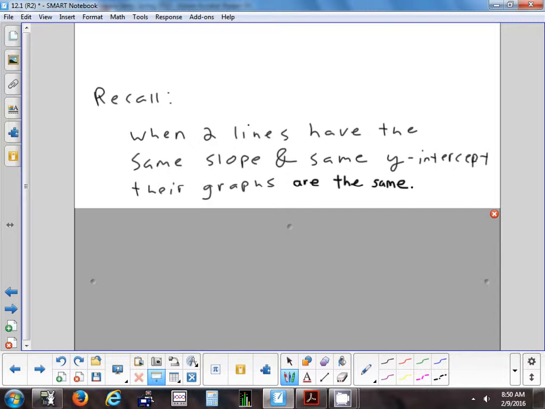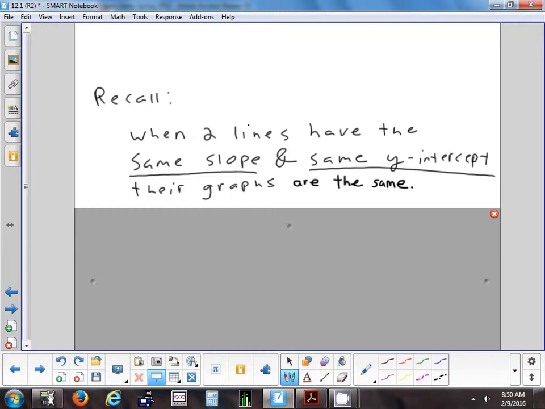Okay, here's another idea. We're going to connect this idea. If 2 lines have the same slope and the same y-intercept, then they're the same line. They're the same thing. It's like graphing one line right on top. It's like a red line right on top of a blue line.